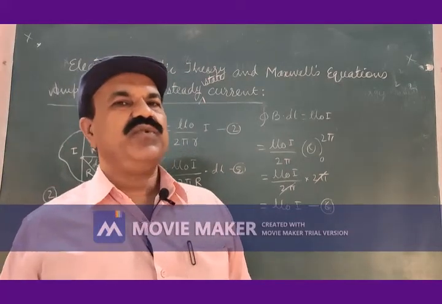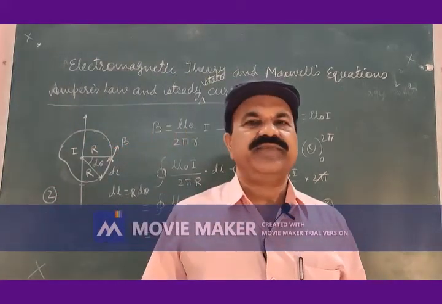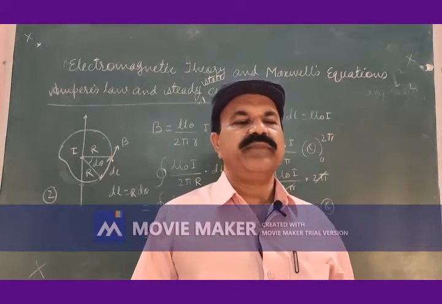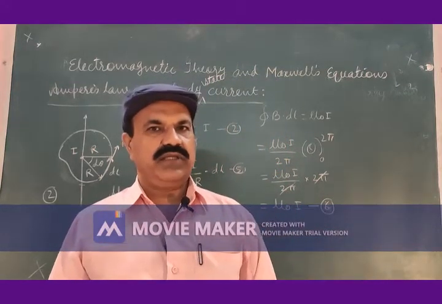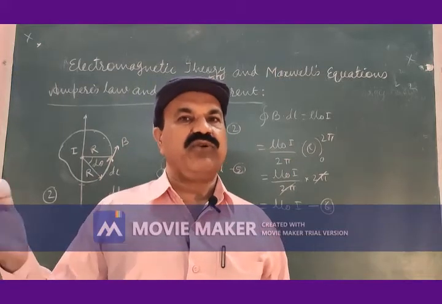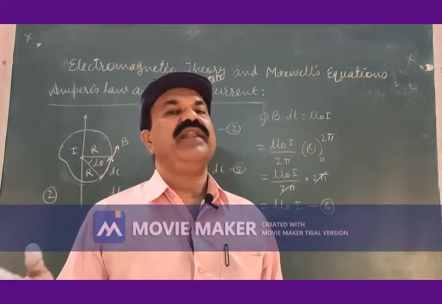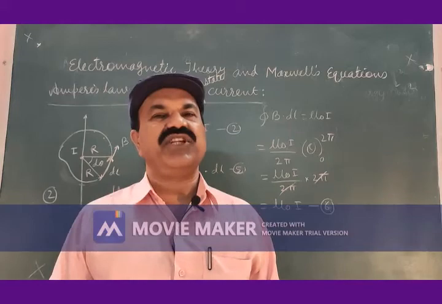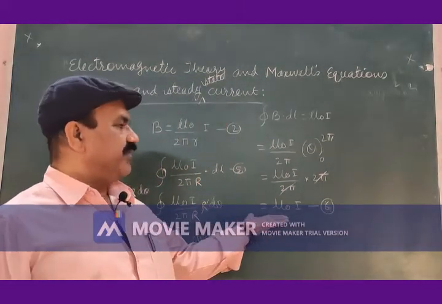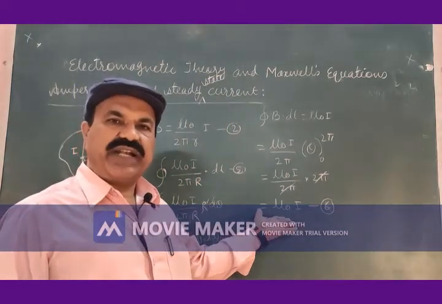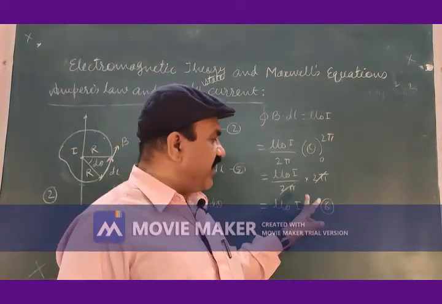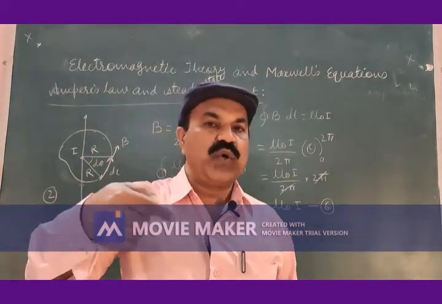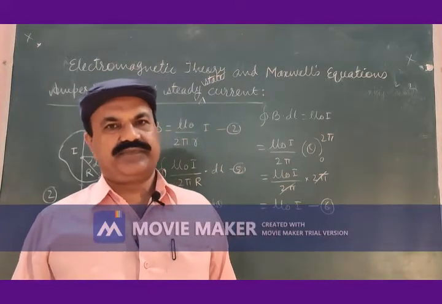What we find in equation 6 for the condition in figure 2 is that the closed path may or may not be regular. When the closed path is regular, the integration of magnetic induction around a closed path is equal to mu 0 into I, where I is the current enclosed by that path.